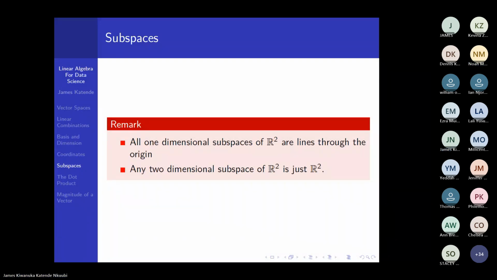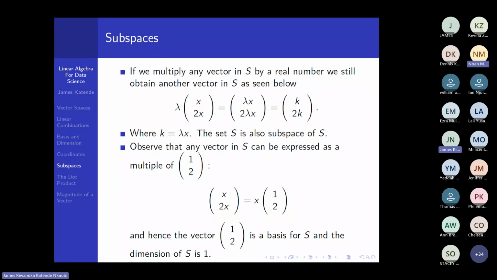Yes? Why is the dimension 1 and not 2? Why do you want it to be 2? Because (1, 2) is 2D. Pardon? I think (1, 2) is 2D, 2-dimensional.